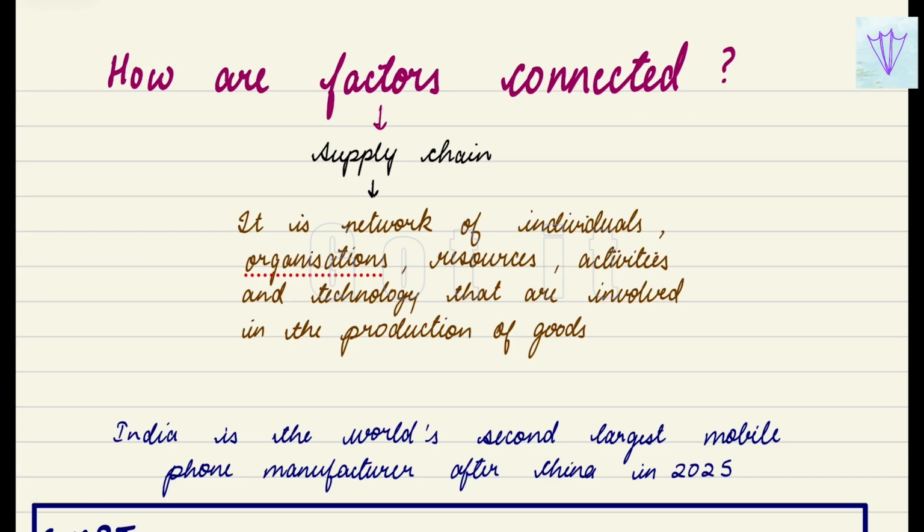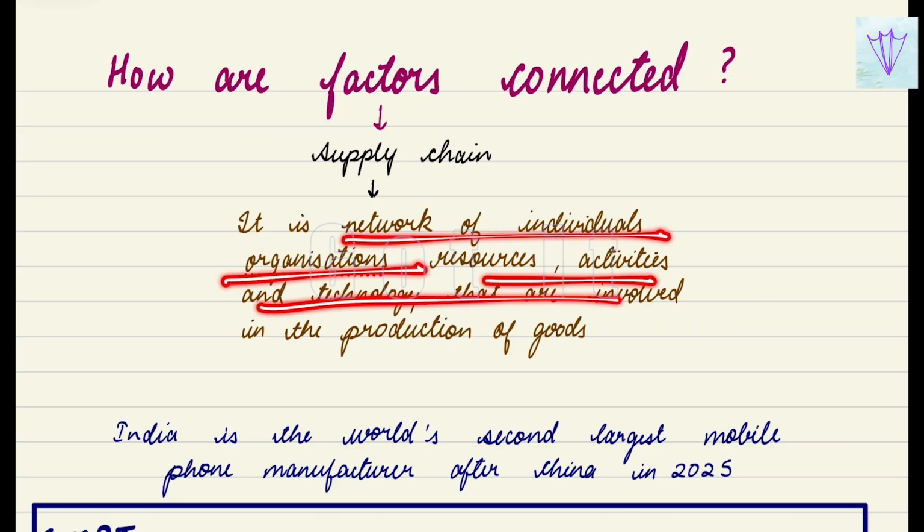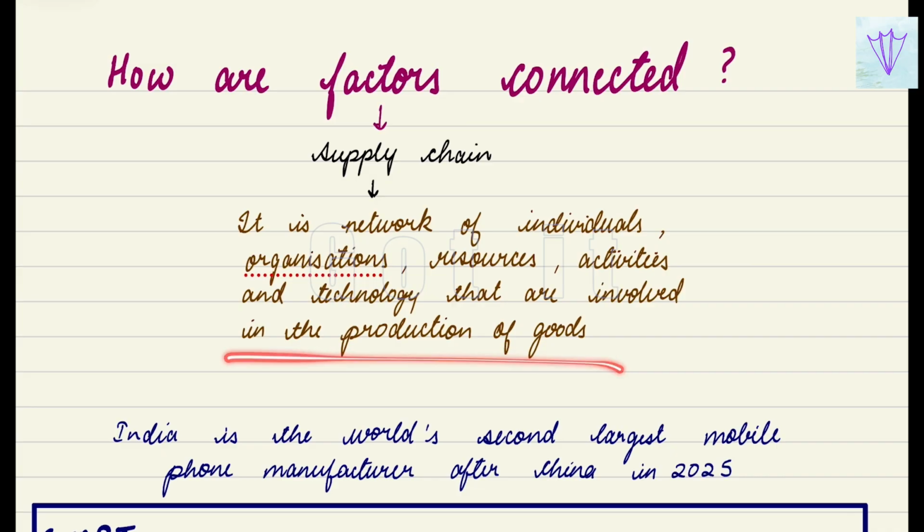It is because of the supply chain. It is a network of individuals, organizations, resources, activities, and technology that are involved in the production of goods. We have seen that all these factors of production will be brought together by businesses, which bring out the goods and services.